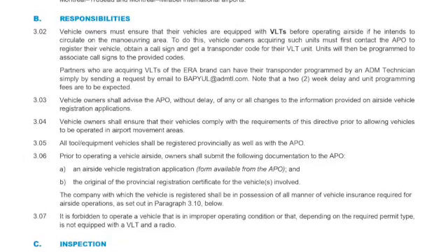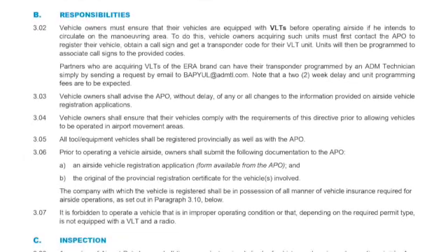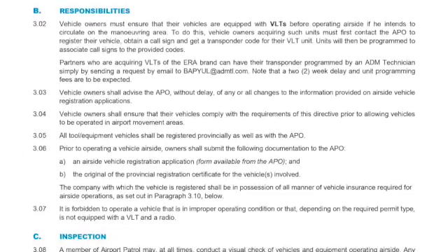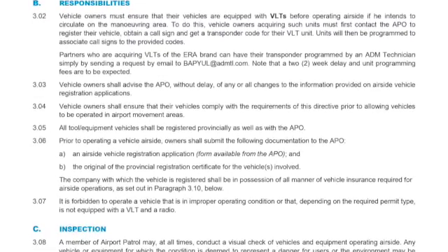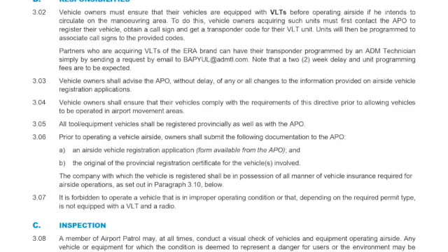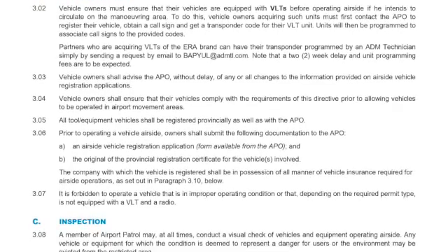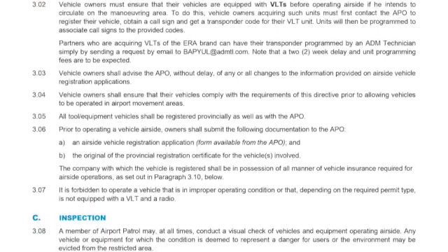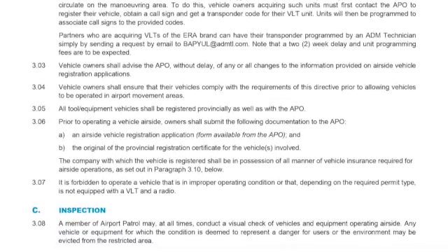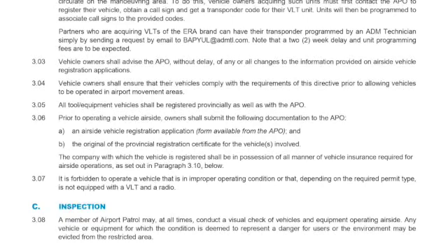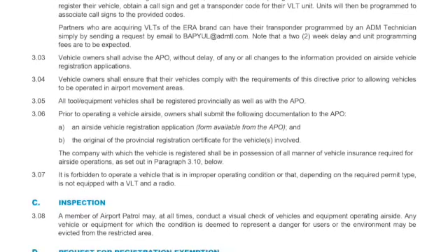All tool/equipment vehicles shall be registered provincially as well as with the APO. 06. Prior to operating a vehicle airside, owners shall submit the following documentation to the APO: a. An airside vehicle registration application, form available from the APO. And b. The original of the provincial registration certificate for the vehicle involved.